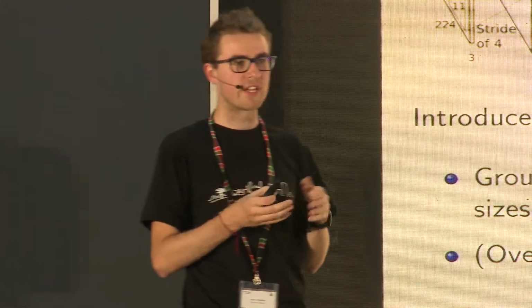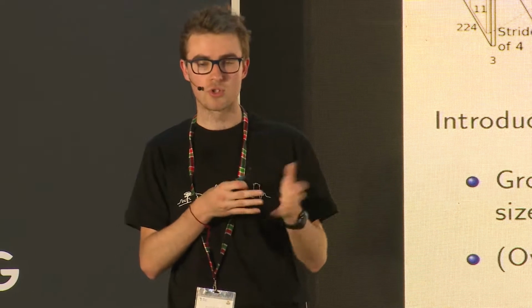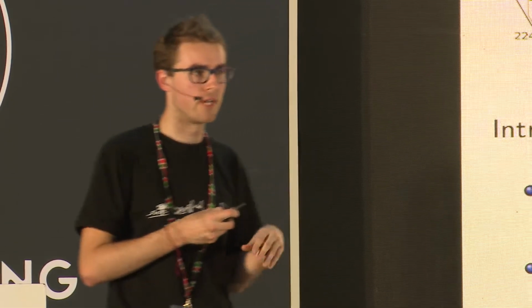So what this means is that a convolutional layer in a neural network can take in some arbitrary number of channels of an image. It could be a black and white image, a color image, or a many-channel image with maybe 10 channels or 100 channels, in theory and in practice. And it can then output another arbitrary number of channels, and we can always choose how many channels we have.